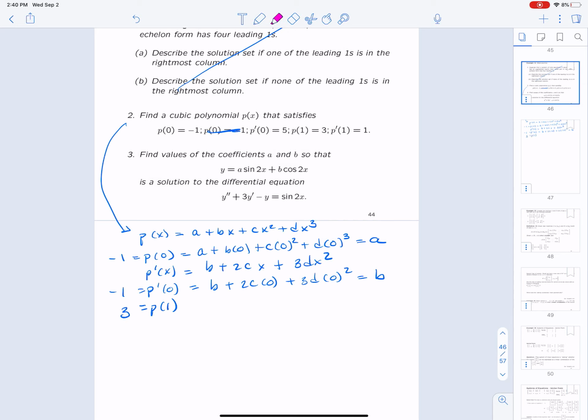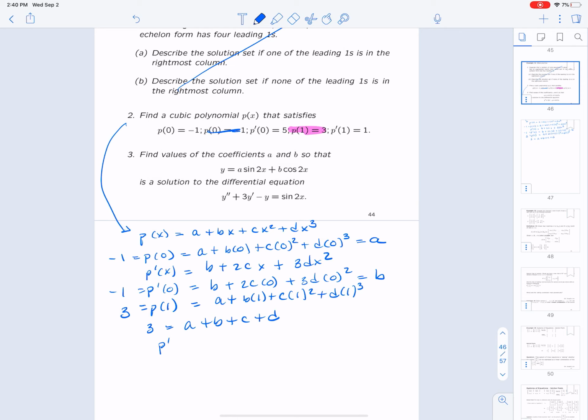And then I know that p of 1 should be 3. That came from up here. P of 1 should be 3, and that equals a plus b times 1 plus c times 1 squared plus d times 1 cubed. So that gives me 3 equals a plus b plus c plus d.